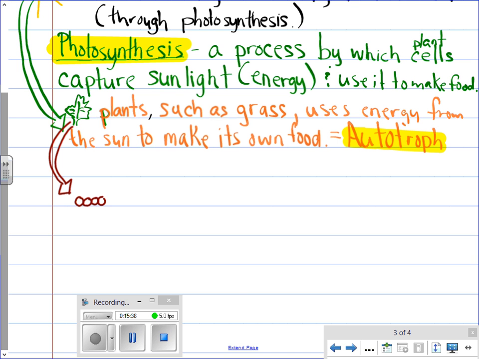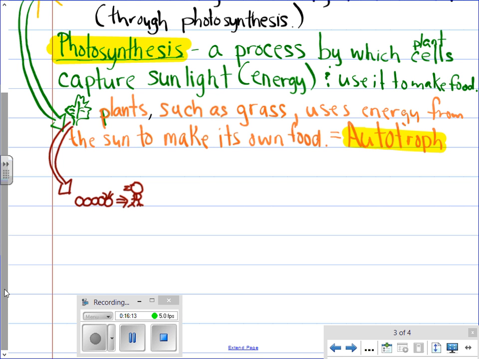And this is my rendition of a caterpillar. Caterpillars eat leaves, right? What might eat a caterpillar? A bird, definitely. So this is my rendition of a bird. So the caterpillar eats the leaf. The bird eats the caterpillar.